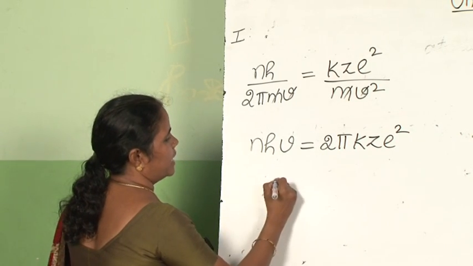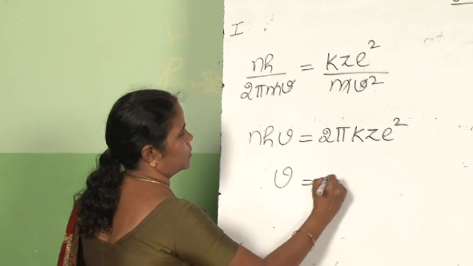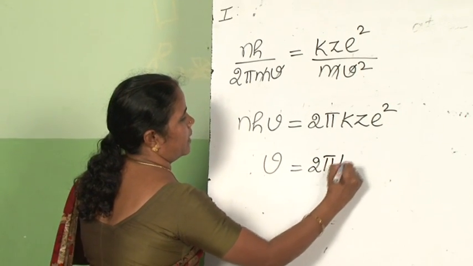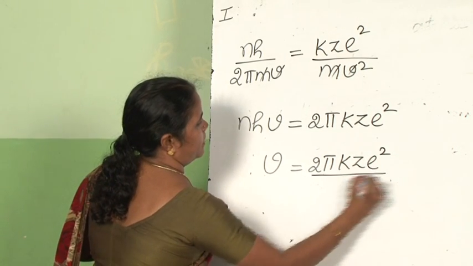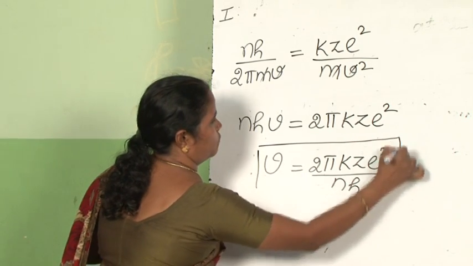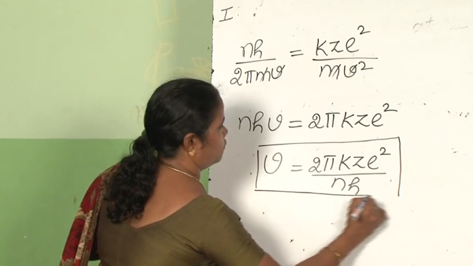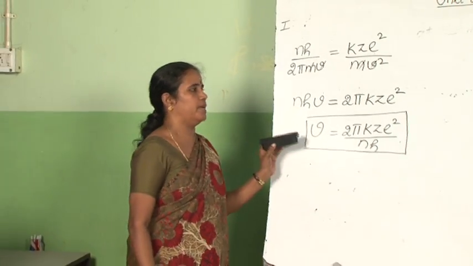Now we have to find the expression for the velocity of the electron. So v is equal to 2 pi k z e square by nh. This is the expression for the velocity of the electron in Bohr's stationary orbit.